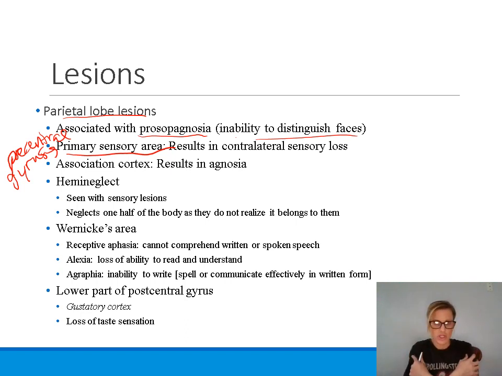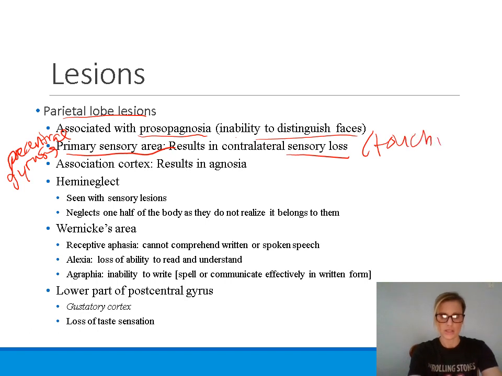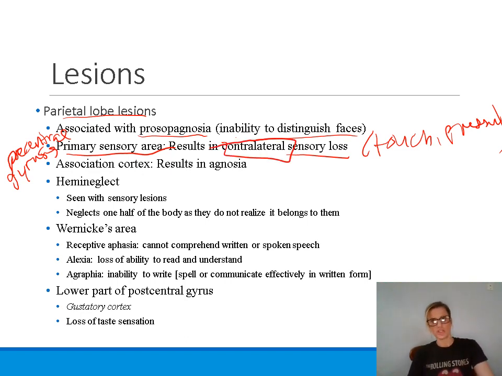So touch, pressure, pain, temperature, all of those signals go to the primary sensory area in the precentral gyrus. If there's a lesion there, that results in sensory loss, right? So the loss of the sense of touch, right? Touch, pressure, temp, pain, etc. And this is a contralateral loss. Okay, so if the lesion is on the left side, the loss of sensation is going to be on the right side of the body.